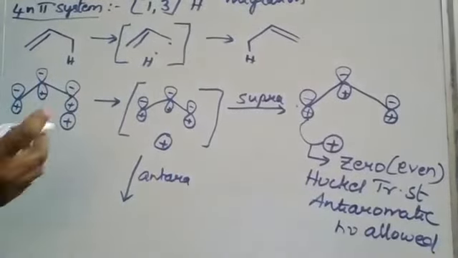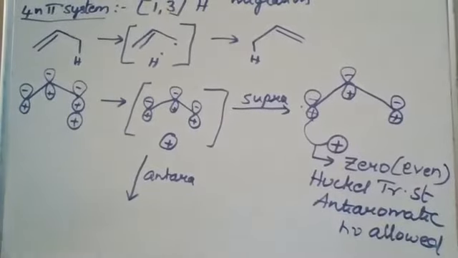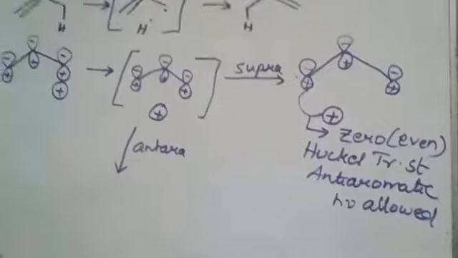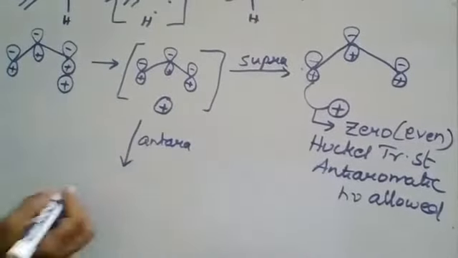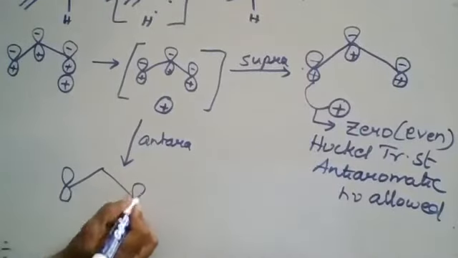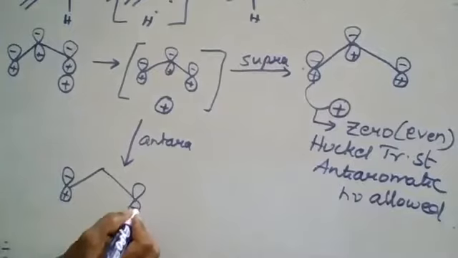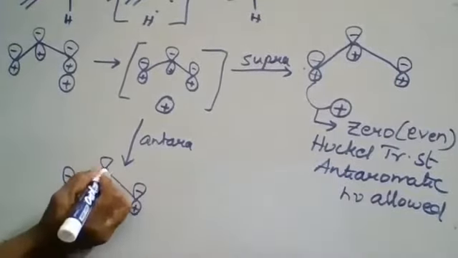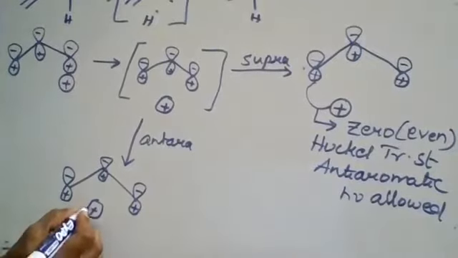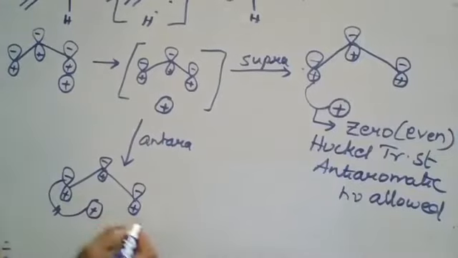Okay. Now, take the same for the antarafacial interaction. When you're going to take it for the antarafacial interaction, basic set, that is the psi1 function, antarafacial, your hydrogen is here, opposite side, you get the presence of one node.